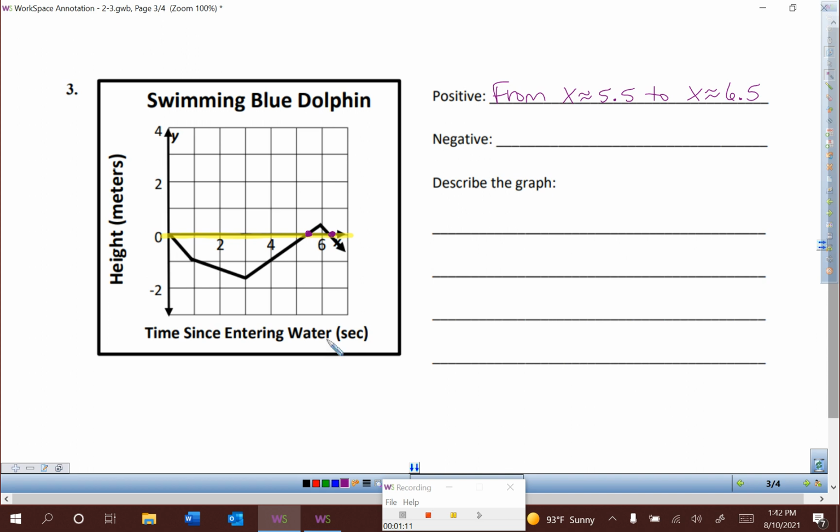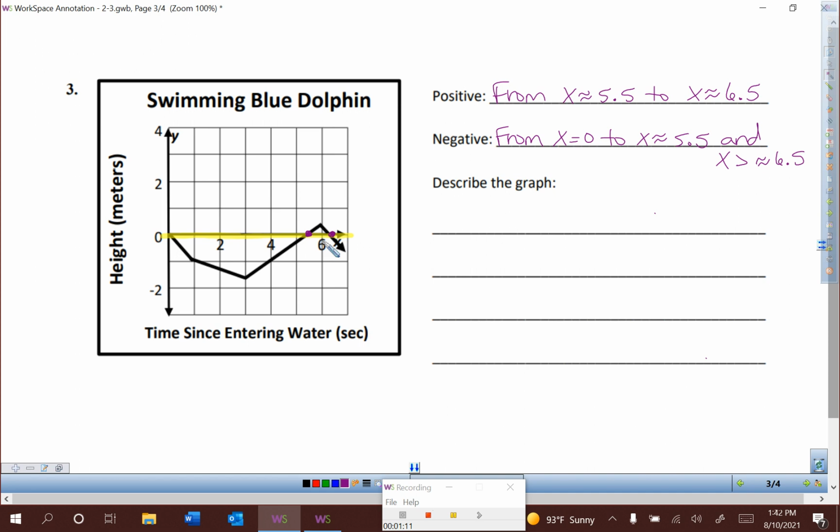So for negative, first part from 0 to about 5.5, and when x is greater than approximately 6.5. There's that second little spot that is negative.